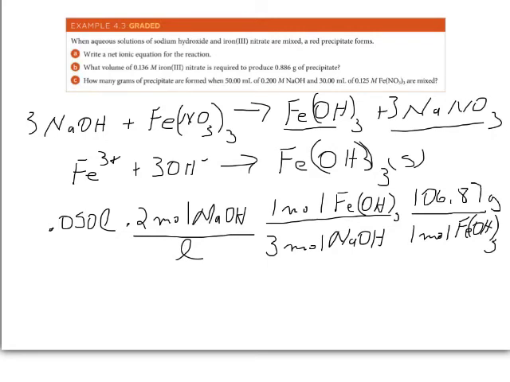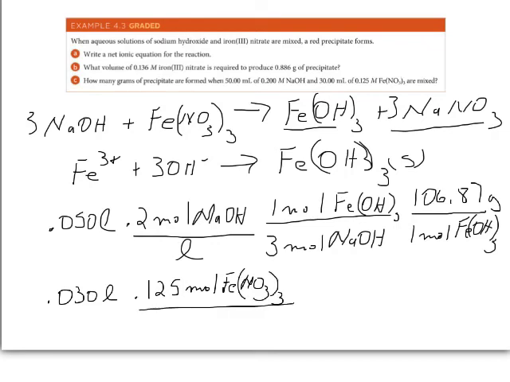Okay, and then I do essentially the same kind of operation, but this time I work with the iron 3 nitrate. So for that I have 0.030 liters. The molarity is 0.125 moles iron 3 nitrate per liter.